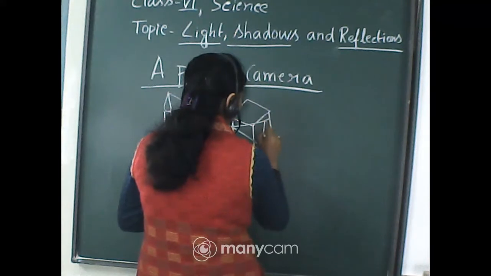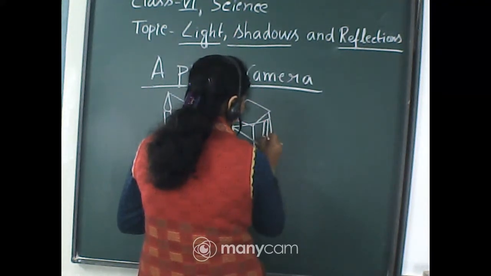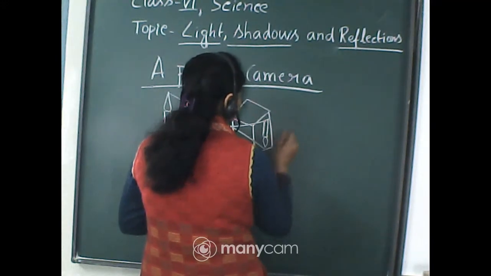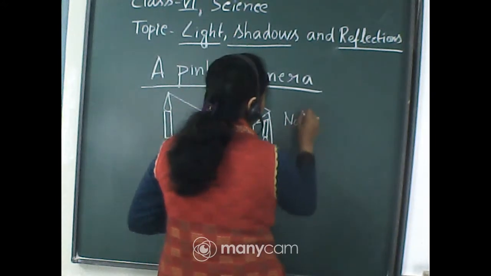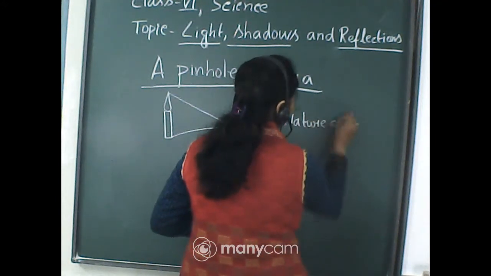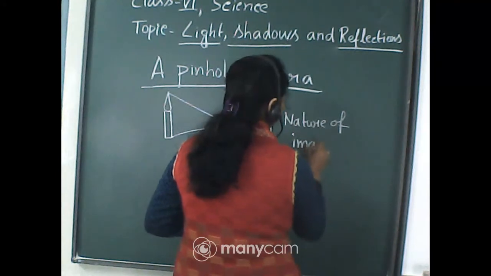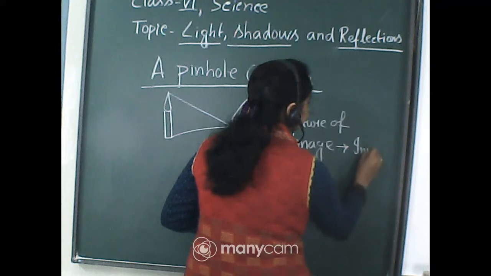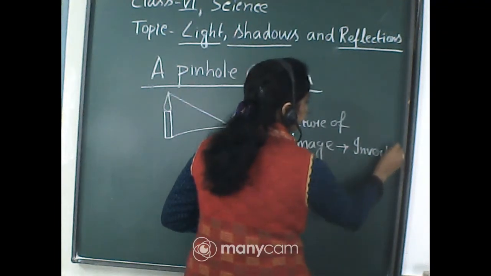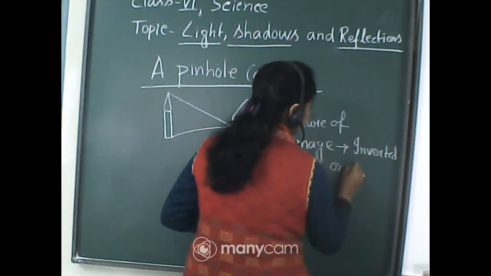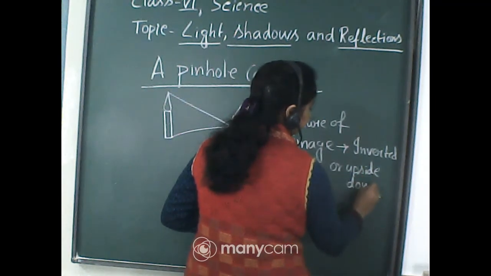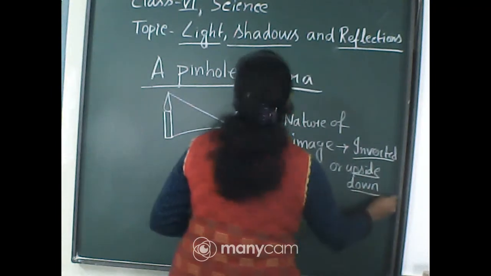So, here the size of the image of the candle will be smaller than that of the object, and another thing, the nature of the image is always inverted. Okay, inverted, or you can write upside down. Now, this is a pinhole camera.